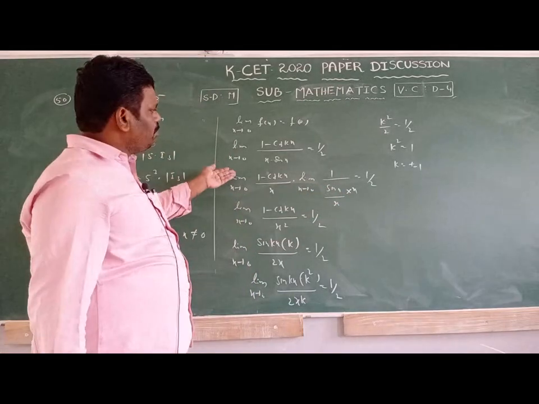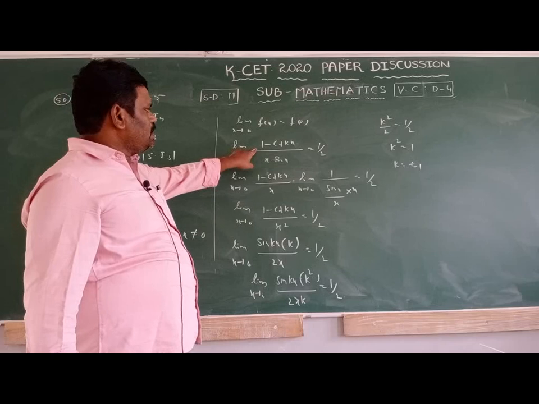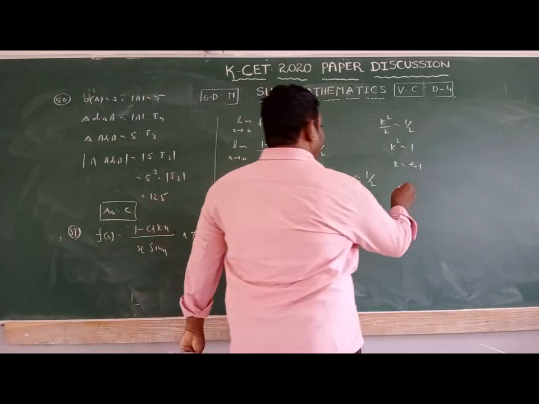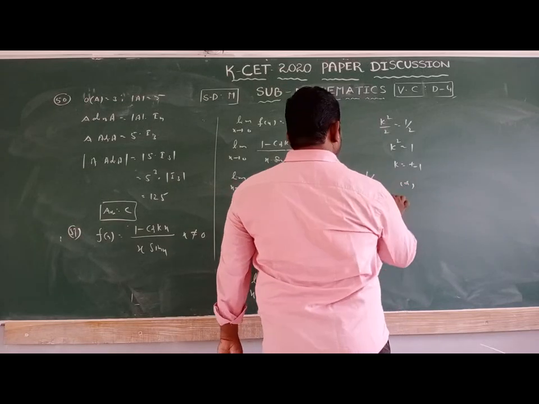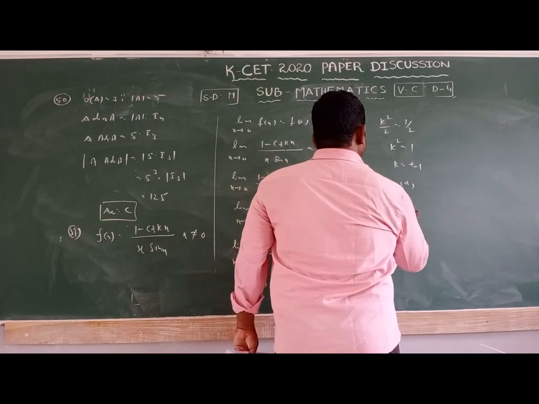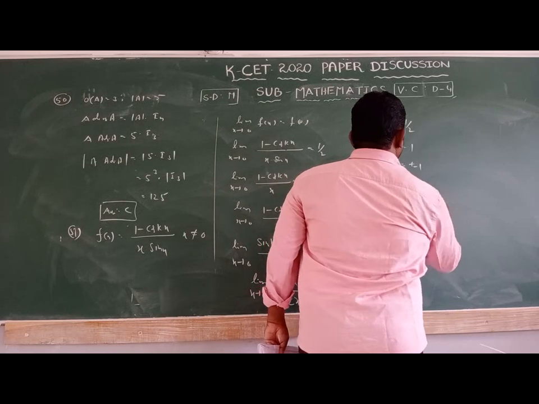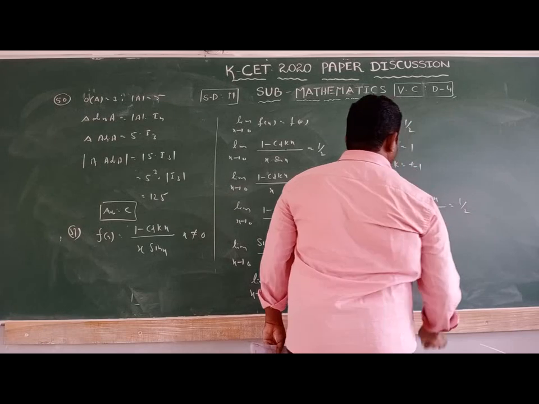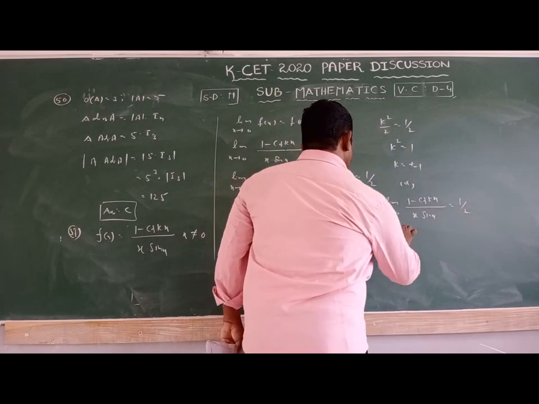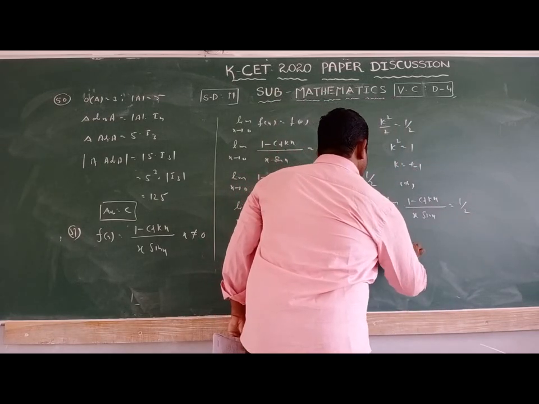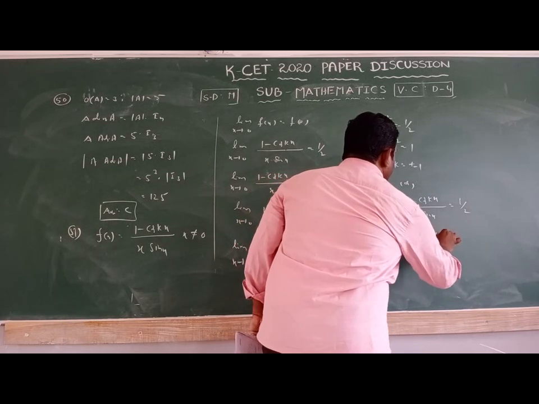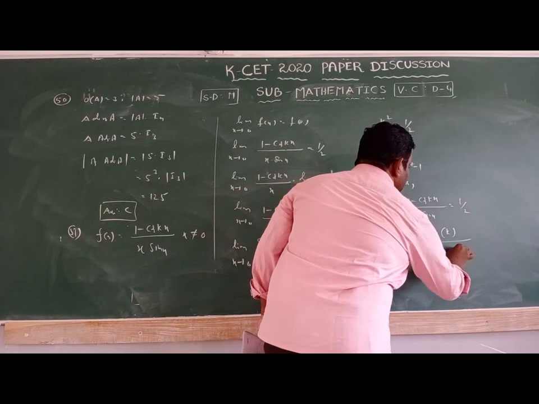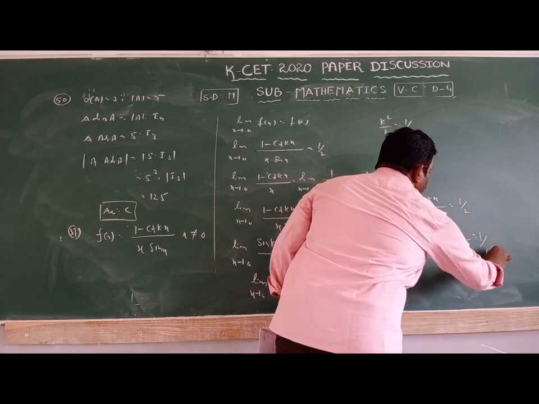Otherwise, if you want to apply the L'Hospital rule, first time we apply the L'Hospital rule to 1 minus cos kx. So limit x tends to 0, (1 minus cos kx) by x into sin x is equal to 1 by 2. By L'Hospital rule, limit x tends to 0, first sin kx into k by x into cos x plus sin x is equal to 1 by 2.